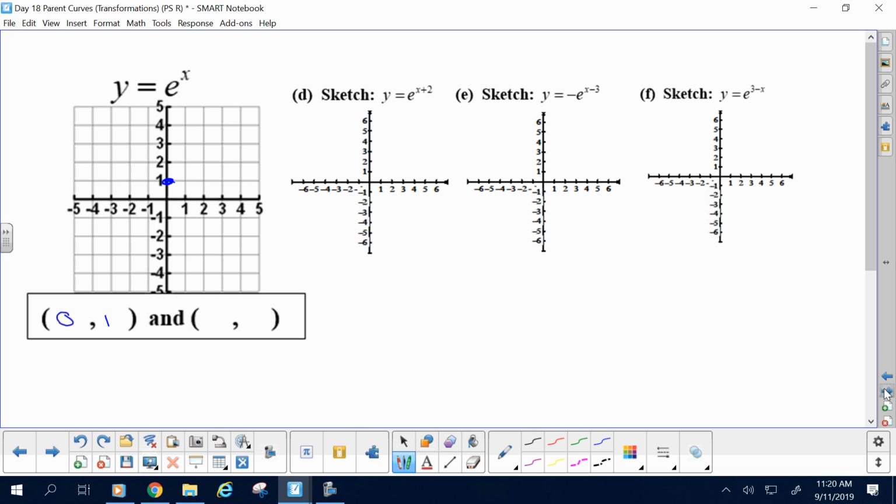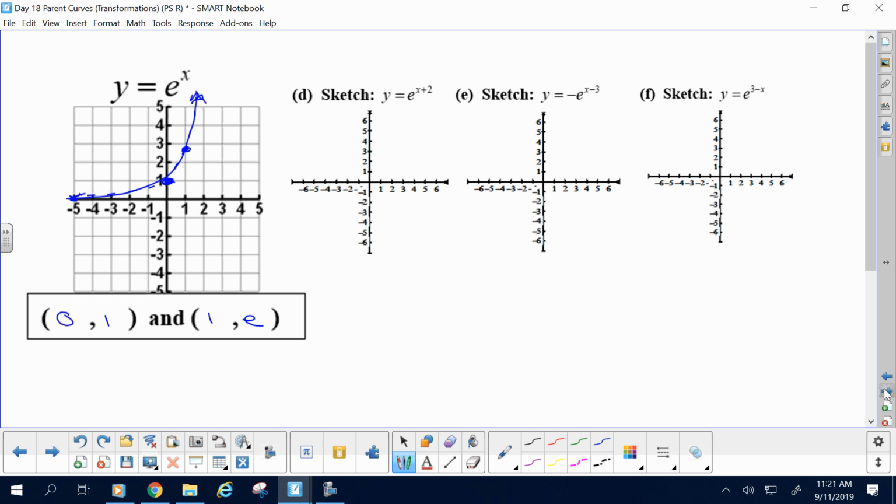What's the next one? 1, 2.7, or 1, e. And the asymptote is at y equals 0, yeah? Okay, so the points are 1 above the asymptote, and 1 to the right and about 2.7 above the asymptote.